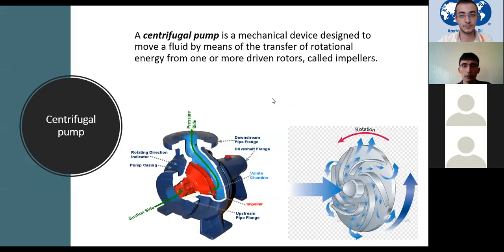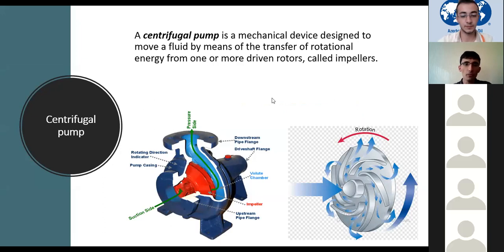One popular type of pump is the centrifugal pump. It's a mechanical device that moves fluid by means of rotational energy from one or more driven motors. As you can see in the photo on the right, this is the impeller. The suction side is on the axial side, perpendicular to the impeller.